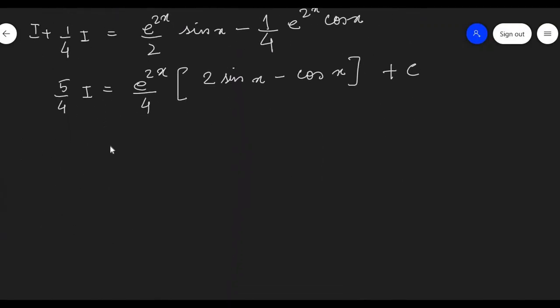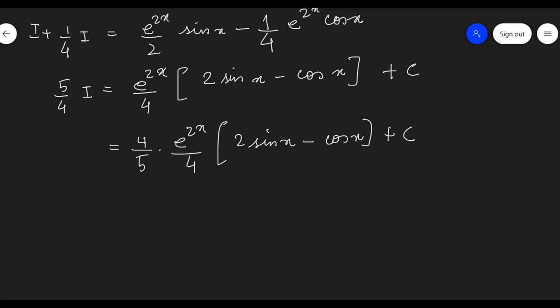So I can write 4 by 5 into e raised to 2x by 4, 2 sin x minus cos x plus c. The 4 in numerator and 4 in denominator will get cancelled, and you will finally get e raised to 2x by 5 into 2 sin x minus cos x plus c.